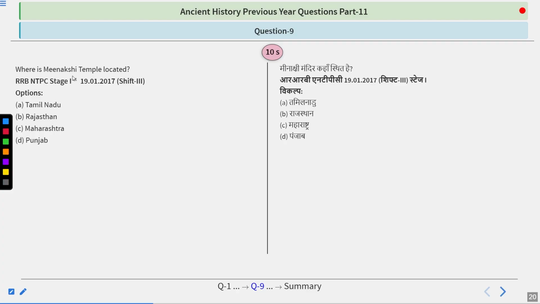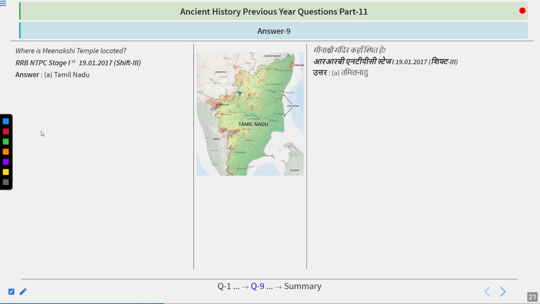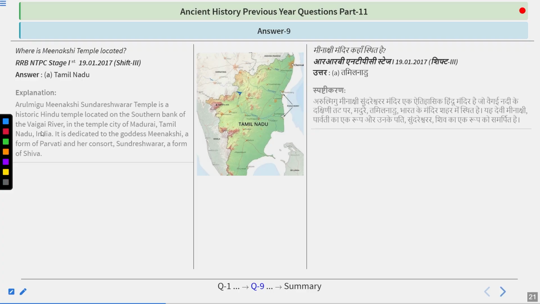Again, the same question. It has been repeated so many times in different shifts. So where is Meenakshi temple located? Try to answer this one, guys. And I hope you got the right answer. The answer of this question is Tamil Nadu. We just did this question.